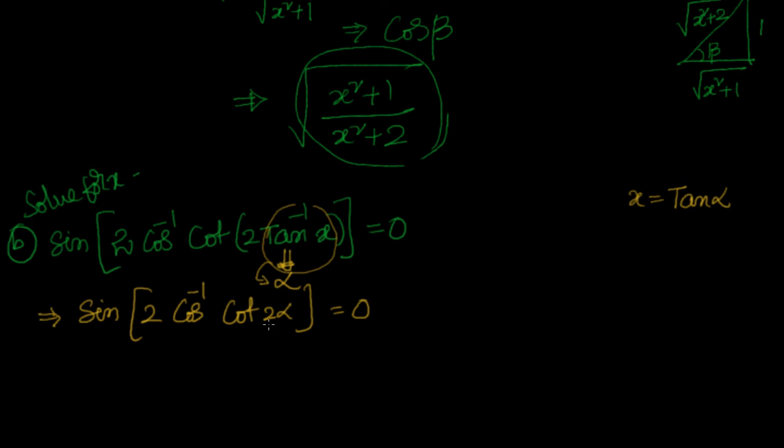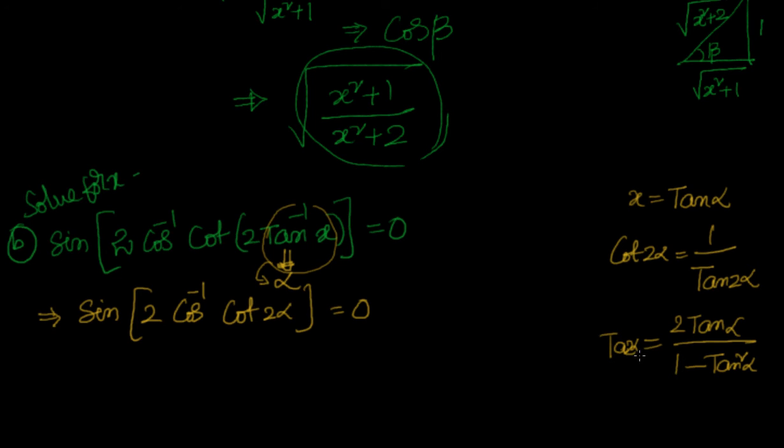This becomes cot 2 alpha, right? Now you know x equals tan alpha. What is cot 2 alpha? Cot 2 alpha is nothing but 1 by tan 2 alpha. And what is tan 2 alpha? It is 2 tan alpha by 1 minus tan square alpha.